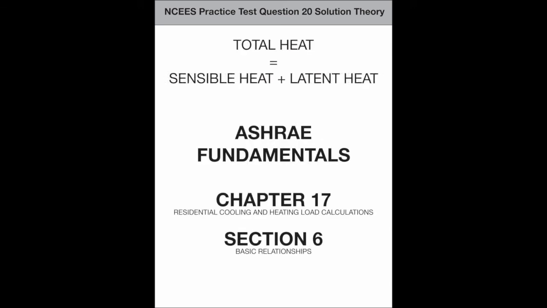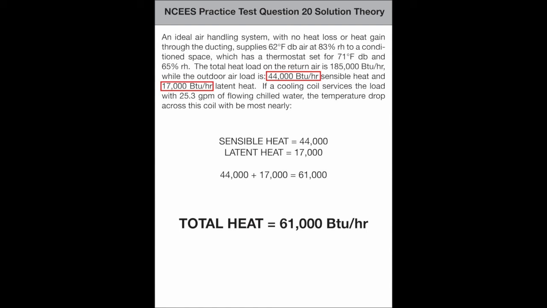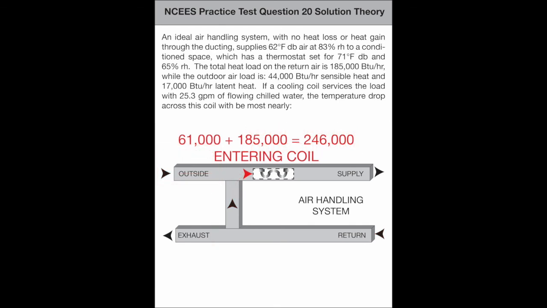If you don't understand this, study ASHRAE Chapter 17, Residential Cooling and Heating Load Calculations, Section 6 on Basic Relationships. Add the sensible and latent heat loads together to get the total heating load. Then, based on your knowledge of the air handling system and its relationship to the placement of the coil, add the 2 total heating loads together and you have this value.